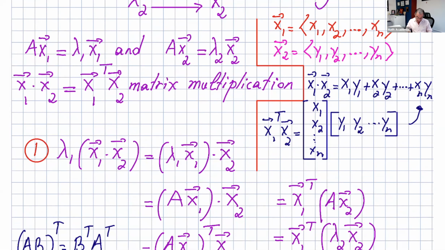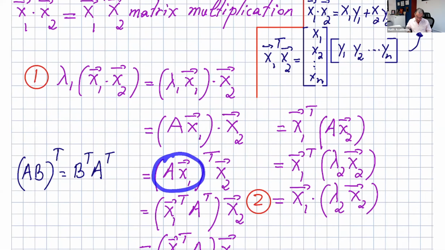And we know that we can take the transpose of the first matrix and do the matrix multiplication here. But the transpose of the product of two matrices can be written as the transpose of the second matrix times the transpose of the first matrix. Just check one of the properties of transpose matrices.